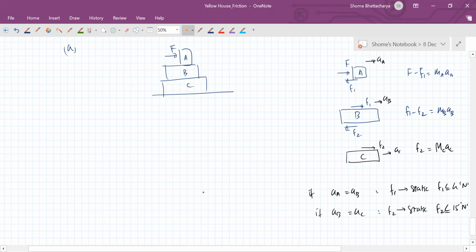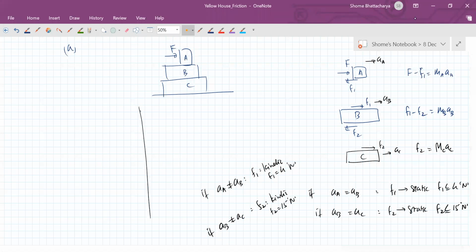But on the other hand, if acceleration of A is not equal to acceleration of B, then F1 is kinetic, so F1 is equal to 4 newtons. If acceleration of B is not equal to acceleration of C, then F2 is kinetic, so F2 will be equal to 15 newtons.